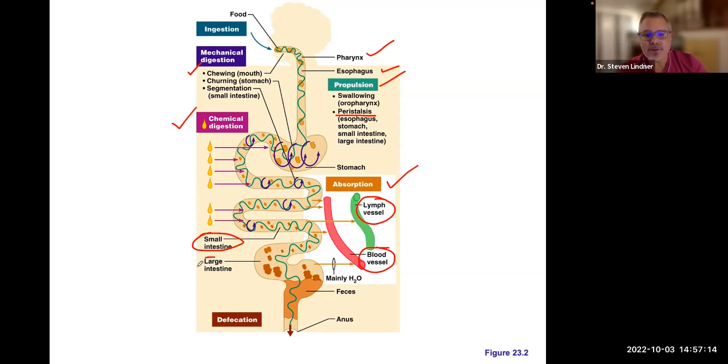And in the large intestine is where the stool or the feces is formed, and water absorption, right? If there's too much water in the colon, then you're going to have loose stools or diarrhea. So in the colon, there is water reabsorption back into circulation. And then what's left is the formed feces to allow elimination or defecation.